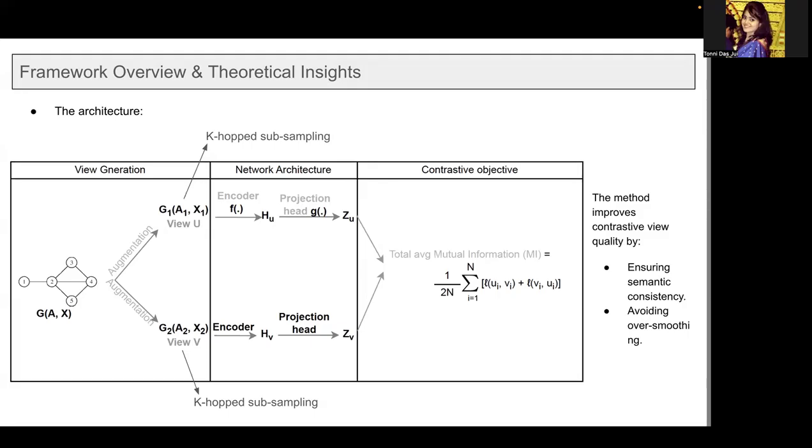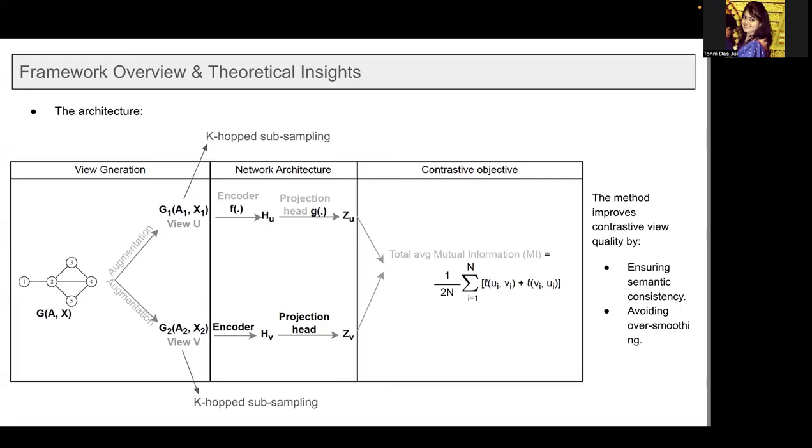So our main contribution is in the view generation. While we are generating two views from the original graph, we are mainly converting it into a k-hopped graph first and measuring the importance based on that graph. And from that k-hopped subsampling, we get our view 1 and view 2, that is our G1 and G2, which preserve the core structure of the graphs.